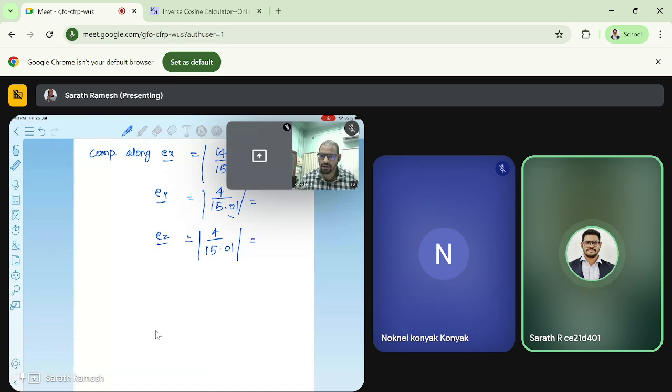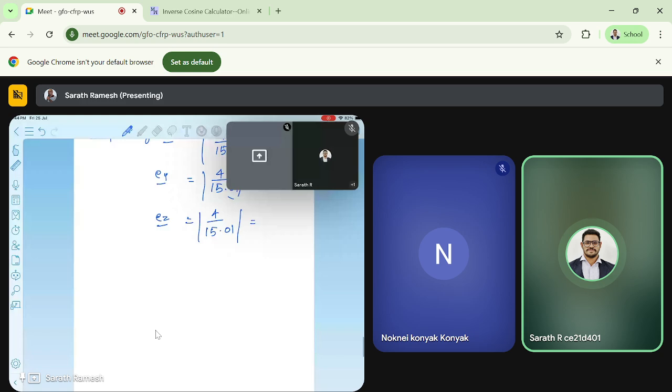The next question is the area of the parallelogram whose sides are A and B. How will we find this?